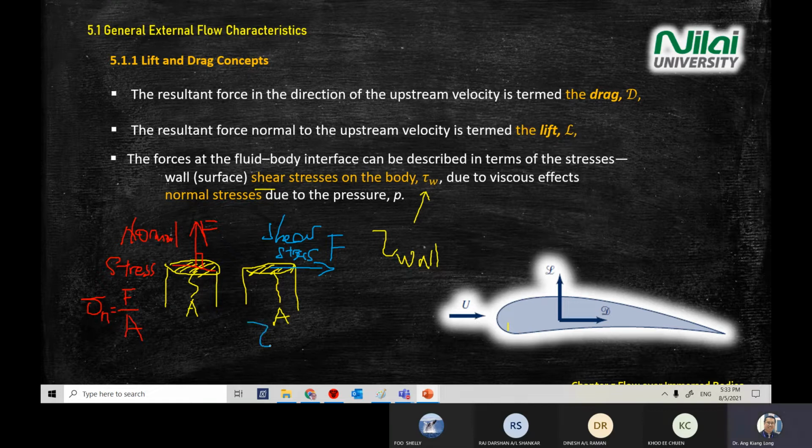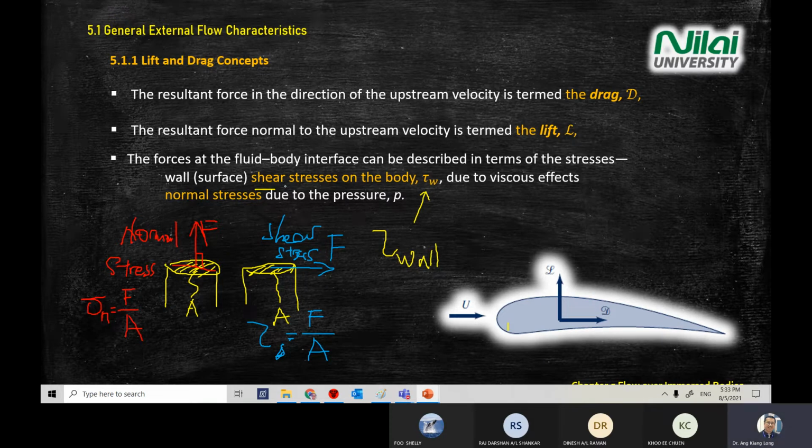How do you calculate shear stress? Same formula, you take force divided by area. What is different between normal stress and shear stress is the direction of the force.